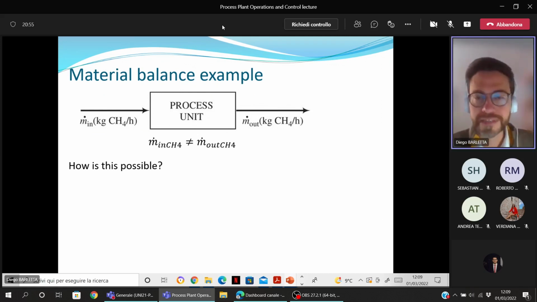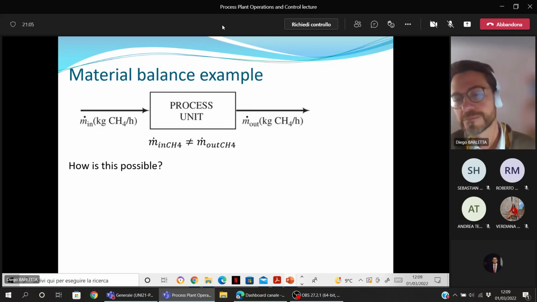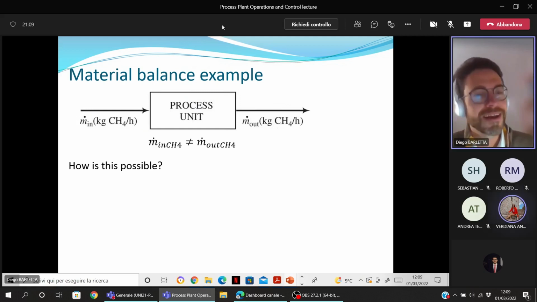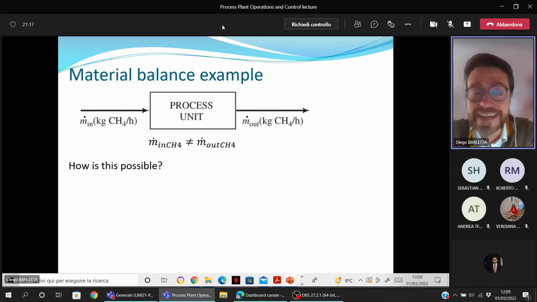So how is it possible that the mass flow rate of methane in output is not equal to the mass flow rate in input? Do you have an idea on this? Actually, I spoiled something because of showing the full slide. In any case, go ahead, Diana, please.